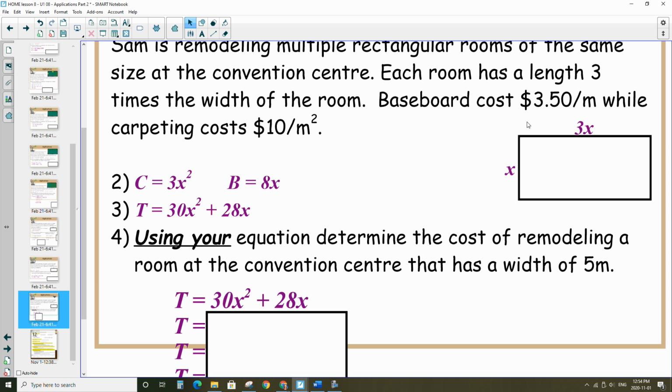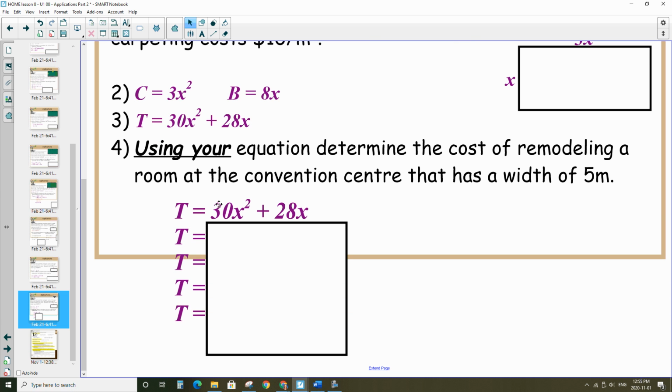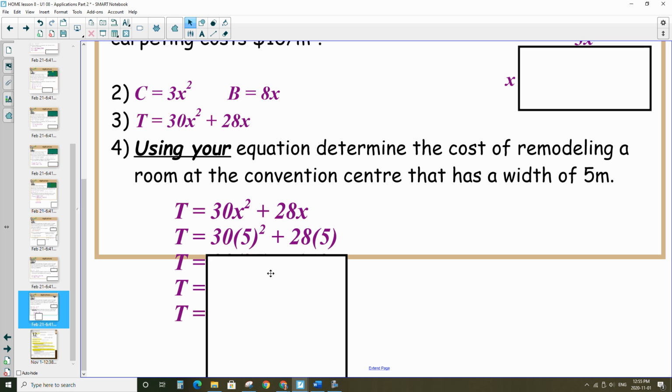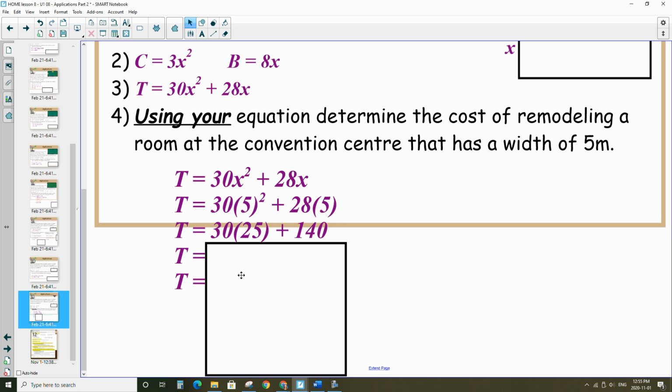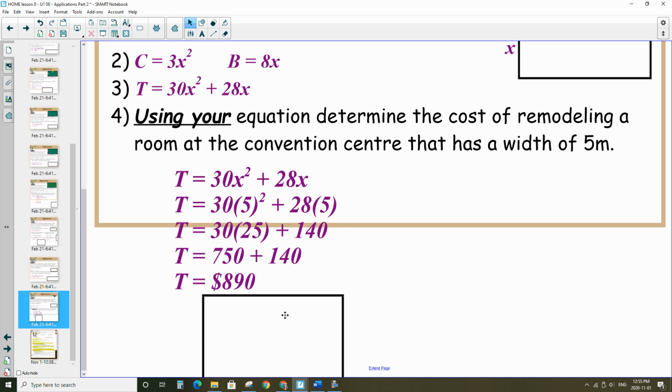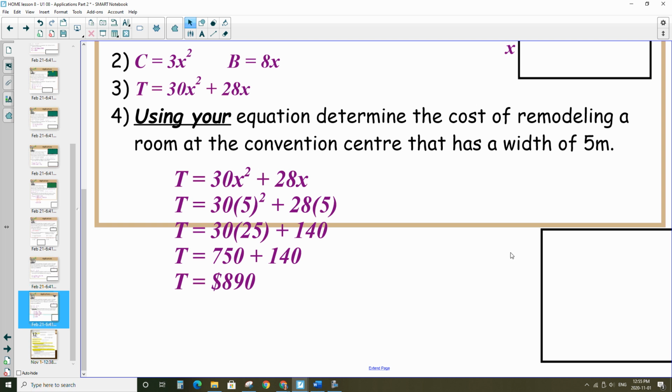So the width over here would be 5 meters, which means our length would be 3 times as much. So I'm going to replace my x with 5 in the expression. 5 squared is 25 times 30, and then 5 times 28 is 140, and in the end we add them together. So the cost should be $890.